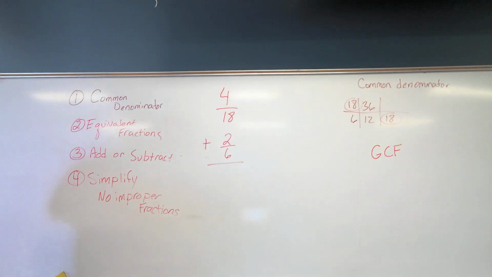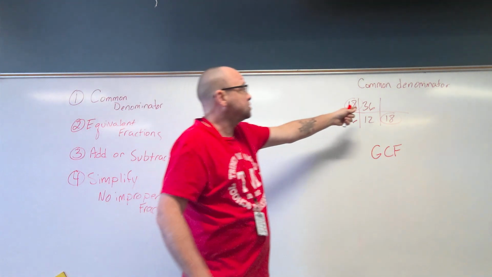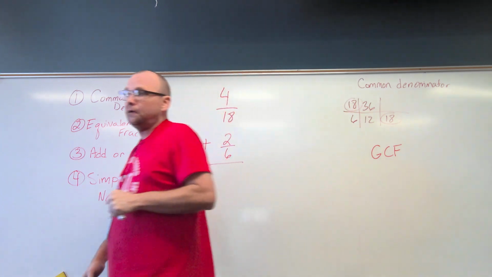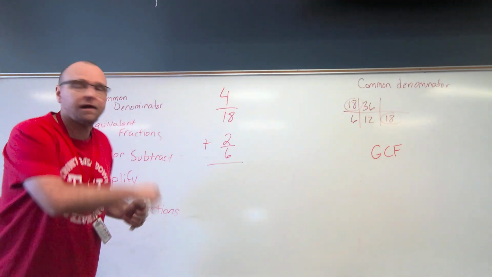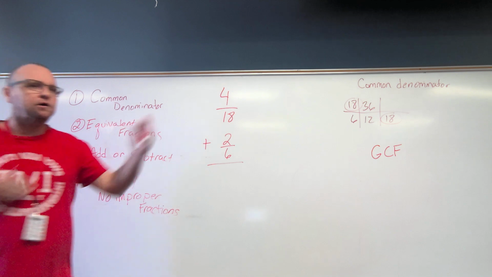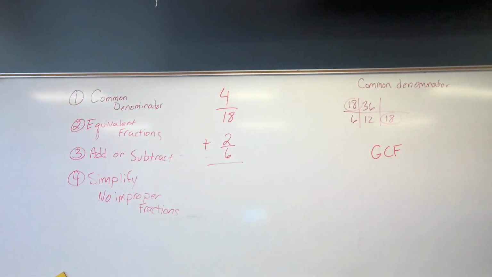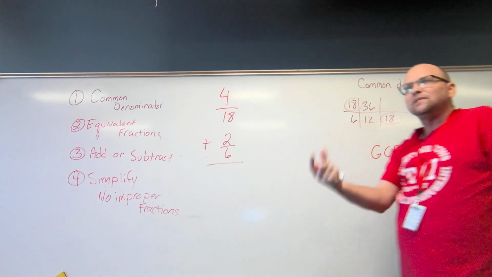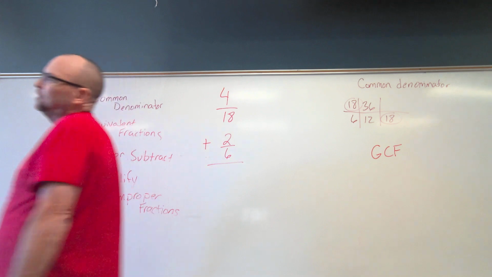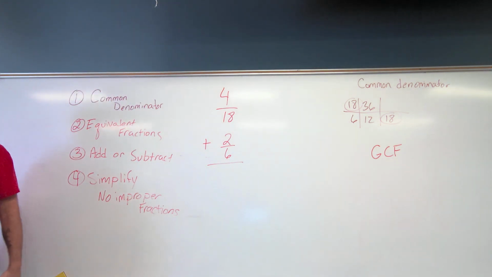No, because 36 would be a common denominator, and 48 would be a common denominator. You could just keep going. Since numbers keep going, you're never going to have a greatest common denominator. But you want least because that's going to be the less simplifying for you. I'm trying to make it simplifying for you.